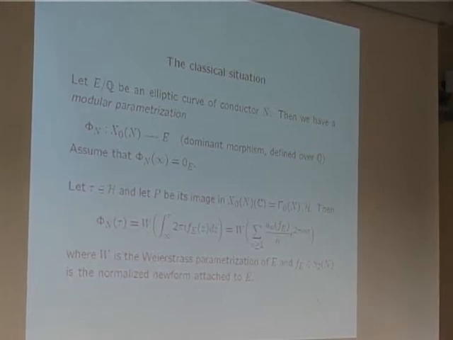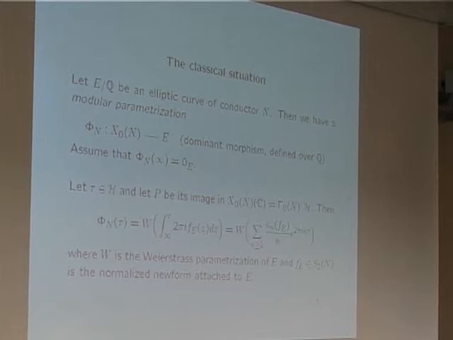You can even compute it by computing enough Fourier coefficients of the modular form f_E, which you can do by counting points on the elliptic curve E, and then using the Euler product to fill in the non-prime values.